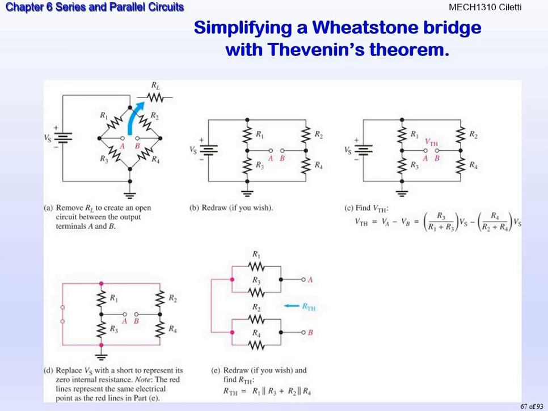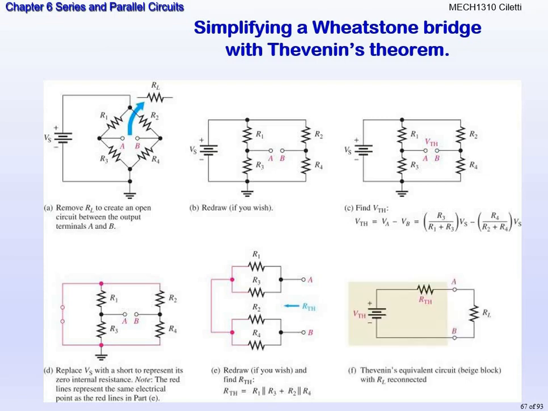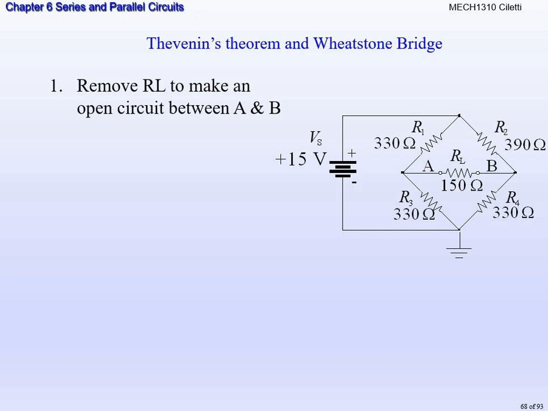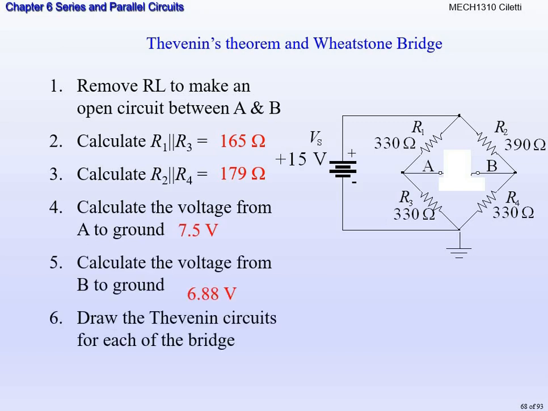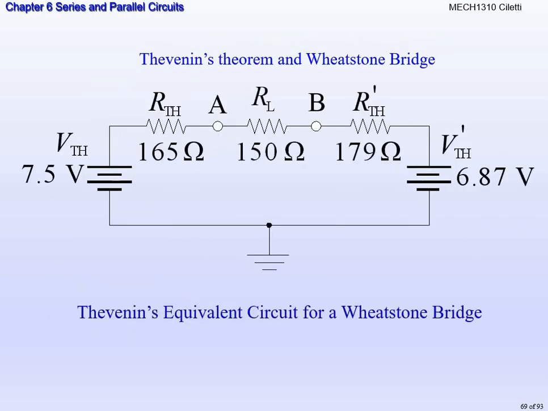Those parallel combinations are in series with one another, and that's how we get our Thevenin resistance for the Wheatstone bridge. So I don't expect you to know that one, but I want you to know how we can use Thevenin to solve a Wheatstone bridge. And if you want to go through and solve it on your own, you're more than welcome to. I'm going to give you all the solutions right here to draw it and work through it.